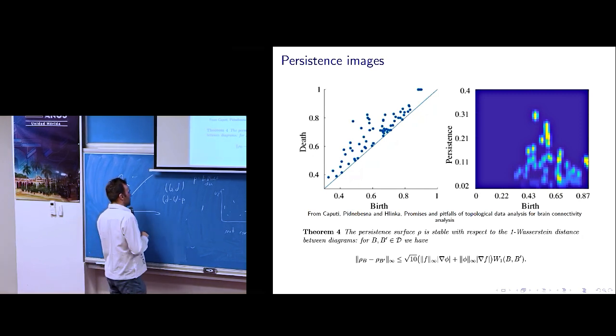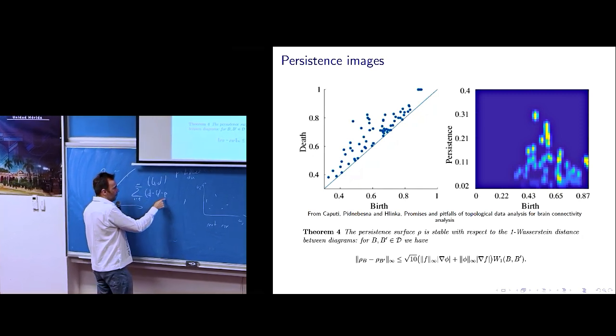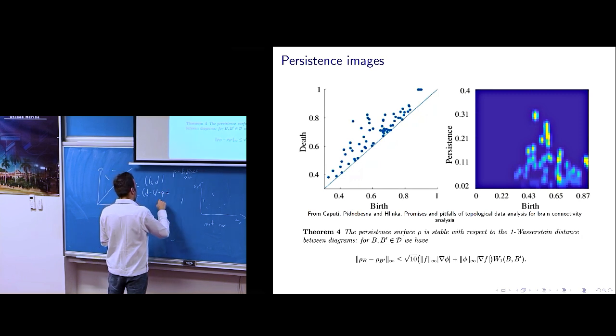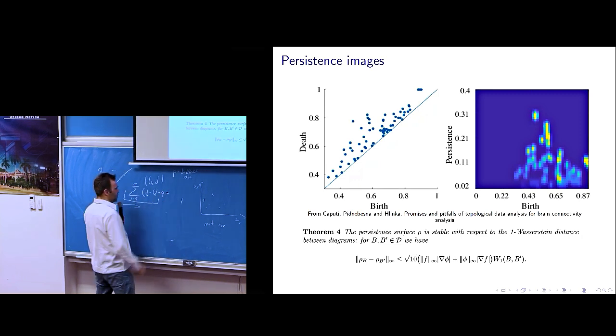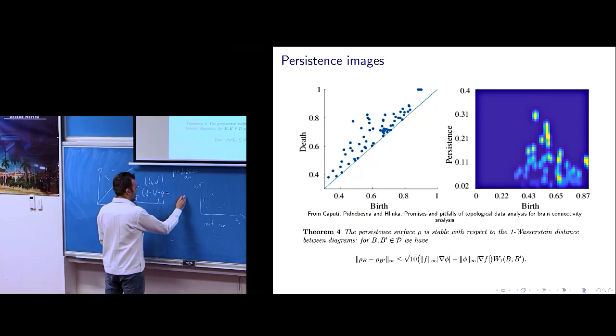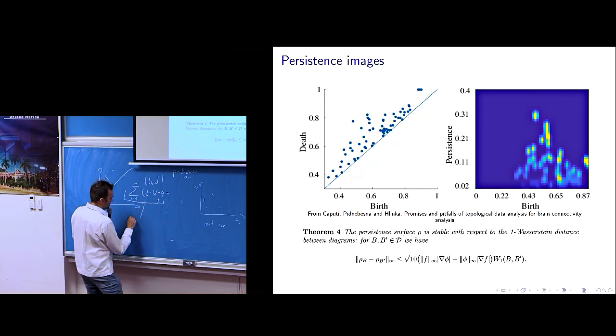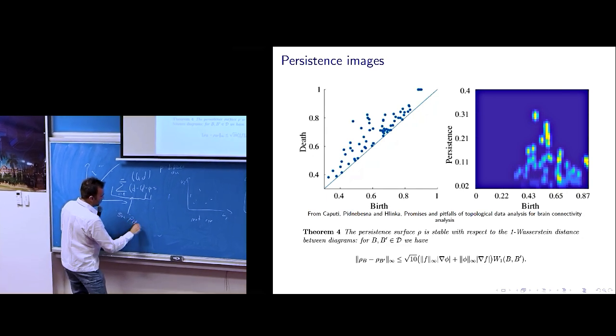So that's the worst case I can do. And I am summing up over all the possible points in the diagram. That's not the average. This is the sum of persistence, the sum of persistence before perturbation.